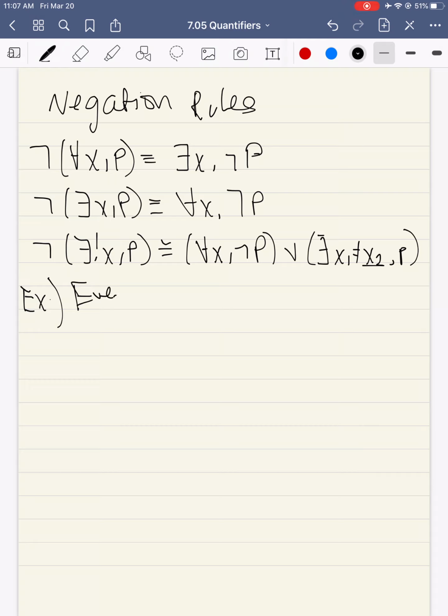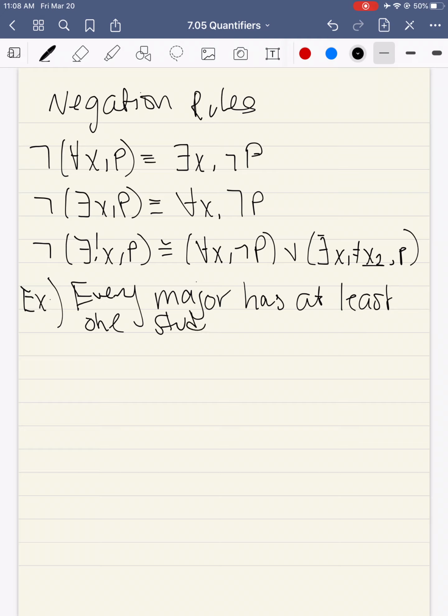Every major has at least one student declare it. So the first thing that we want to do is write this in logical form.